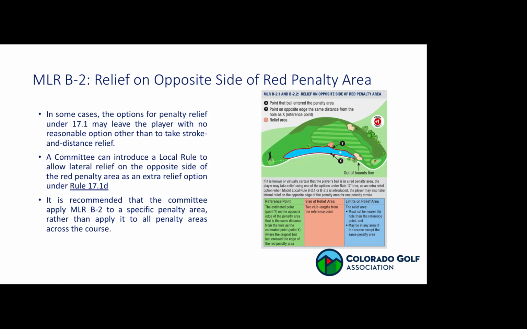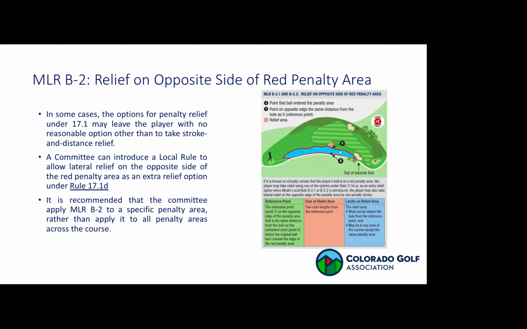You'll see how the ball's crossed over an out of bounds boundary line, and you know it's virtually certain that it's in that red penalty area. Now, due to the layout of the course, you don't have the ability to take that lateral relief, those 2 club lengths to the side of the penalty area. So your only option there would be to go back on line, a long way back to basically the tee box, or to take that stroke and distance relief.